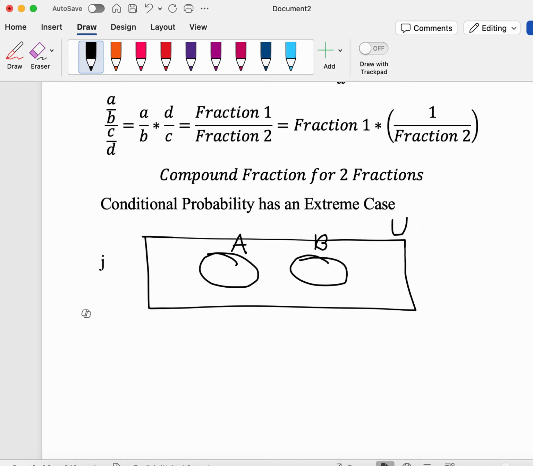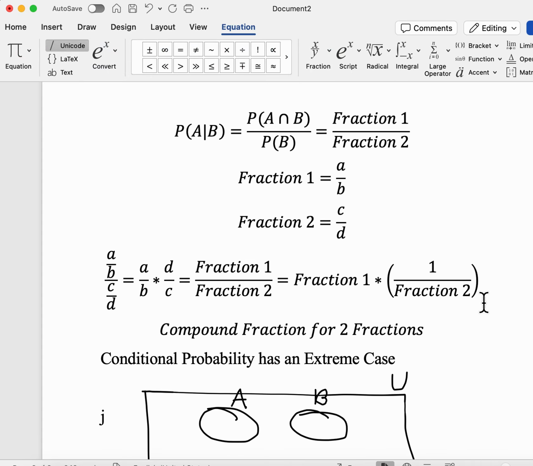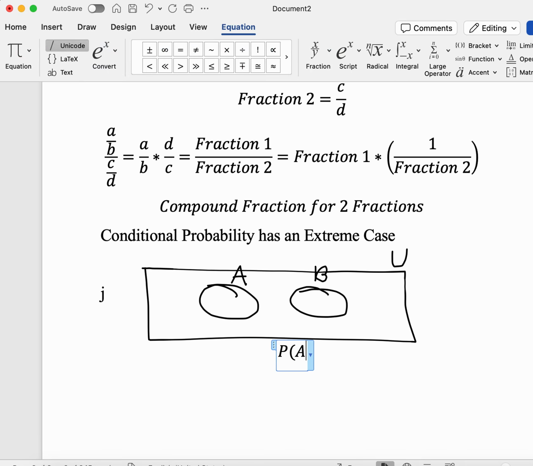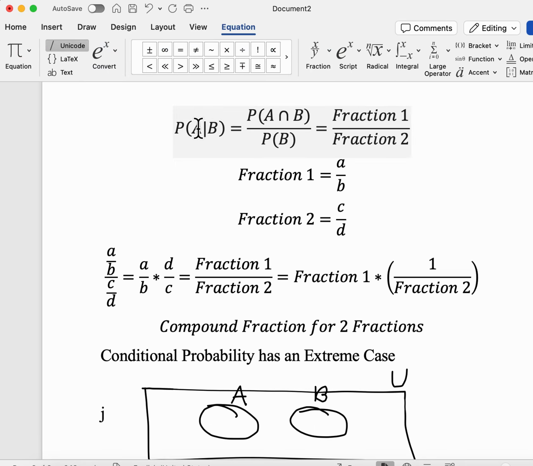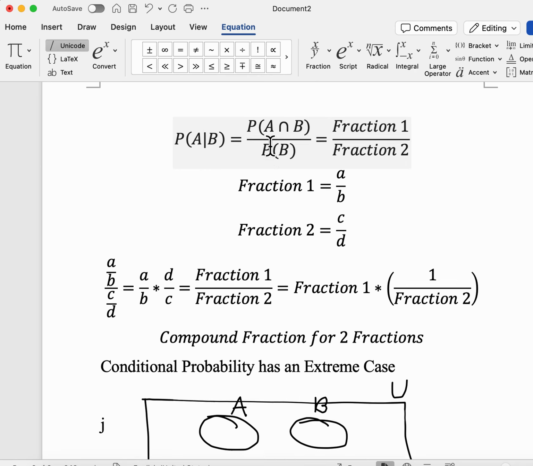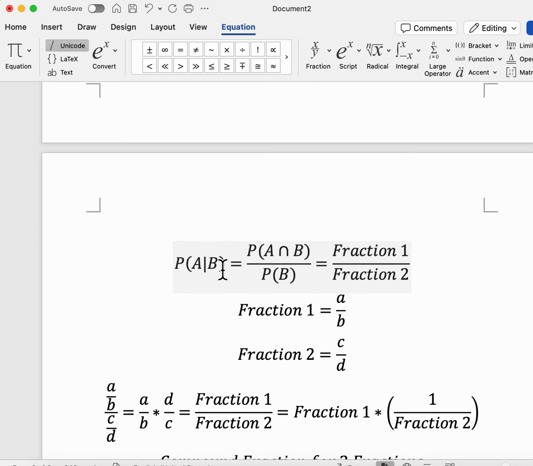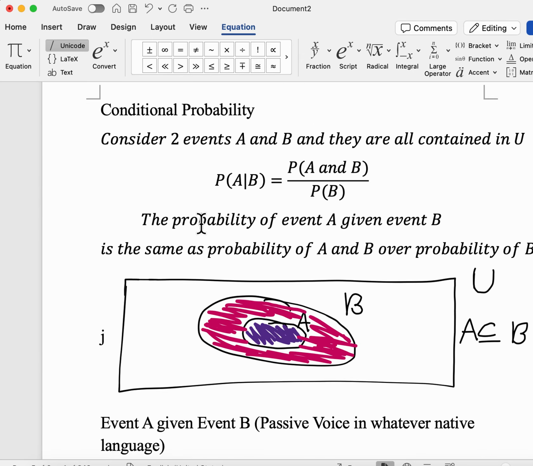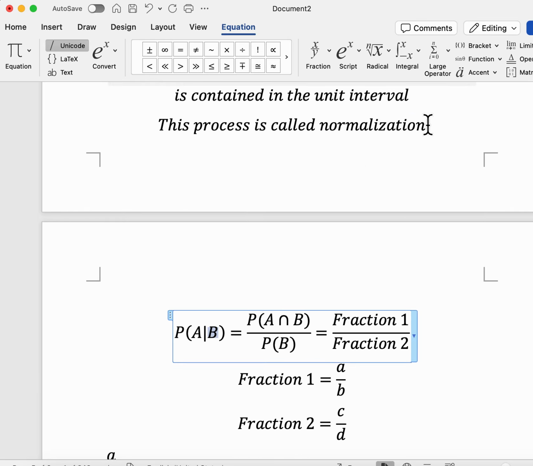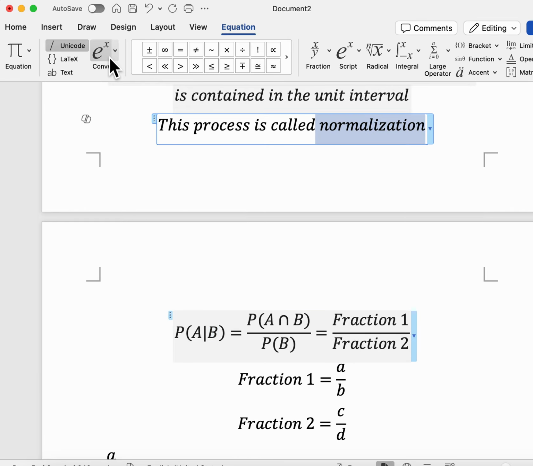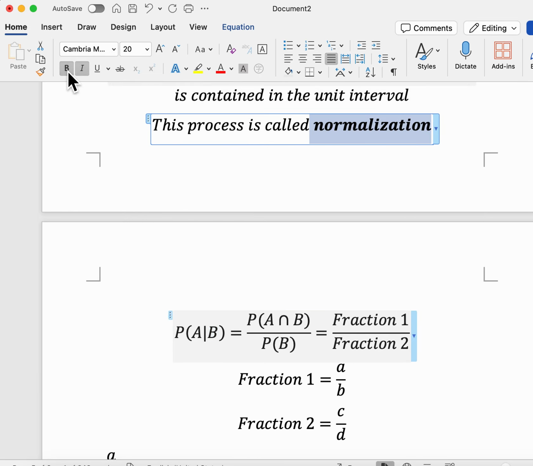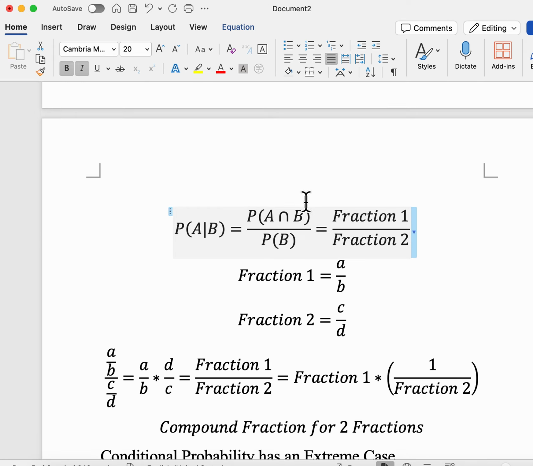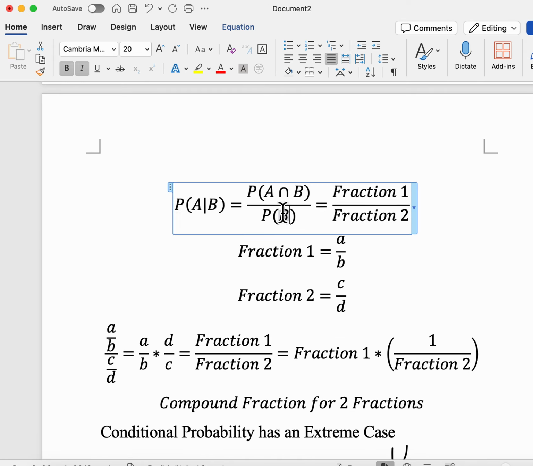In this case, that means event A, and the event B is like the bigger event that you're dealing with. Note, you have to be careful.